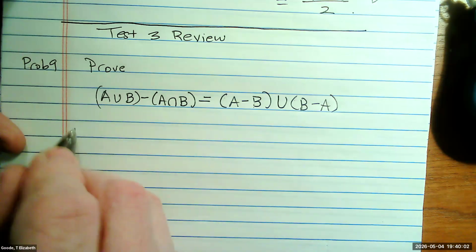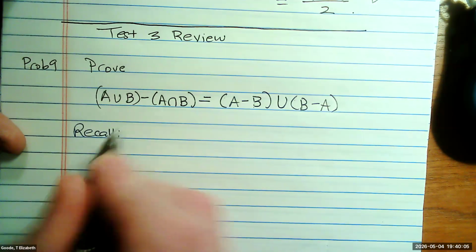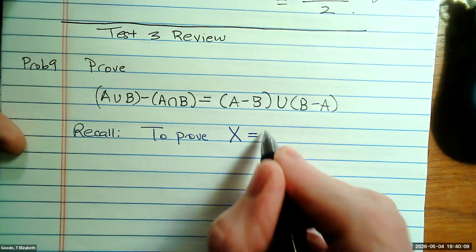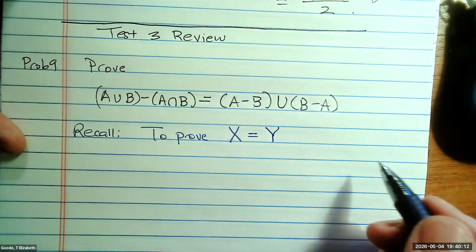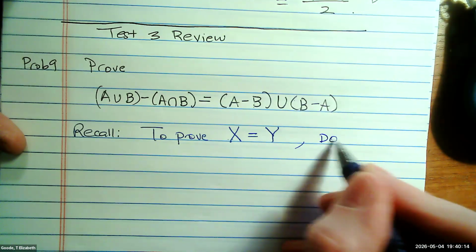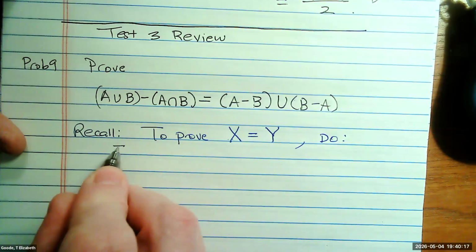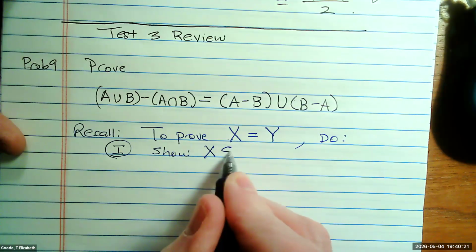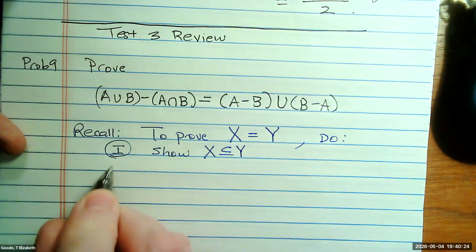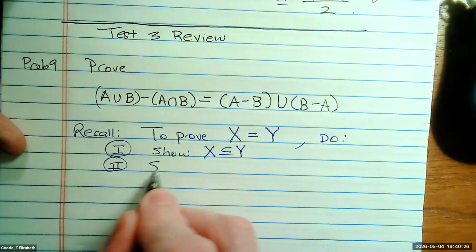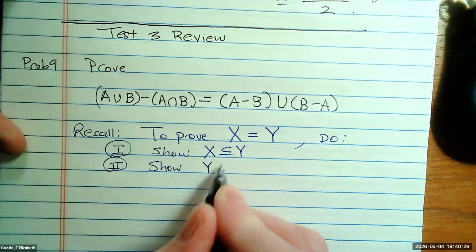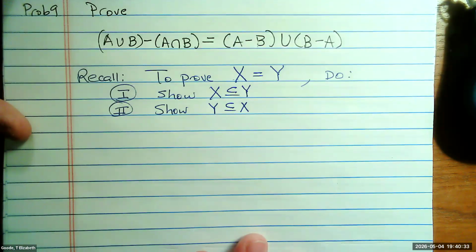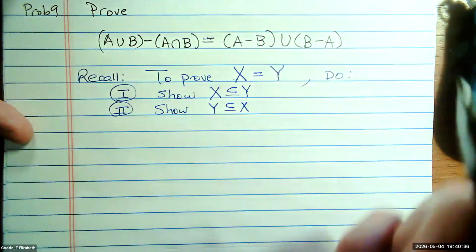Just recall, to prove X is equal to Y, where X and Y are sets, we have 2 things to do. 1, you have to show that X is a subset of Y. 2, you turn around and show that Y is a subset of X. So it's 2 subset inclusion arguments to prove set equality, okay?